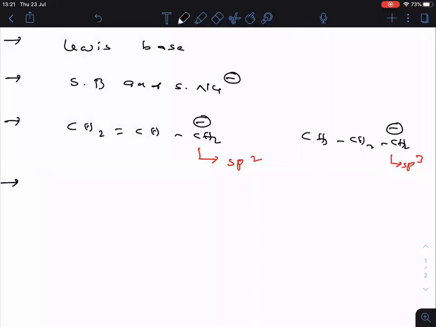Now one more important thing. The carbanion doesn't have any unpaired electrons, therefore it is diamagnetic. It is diamagnetic because it does not have any unpaired electrons.